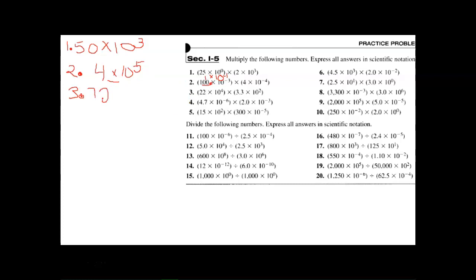You get 72.6 times 10 to the 6, and that would work. If you're doing it in scientific notation, you would just move your place one more forward to get its scientific notation. It'd be 7.26 times 10 to the 7th. Okay.